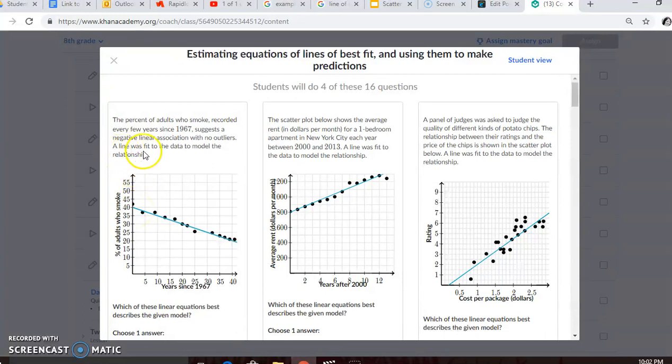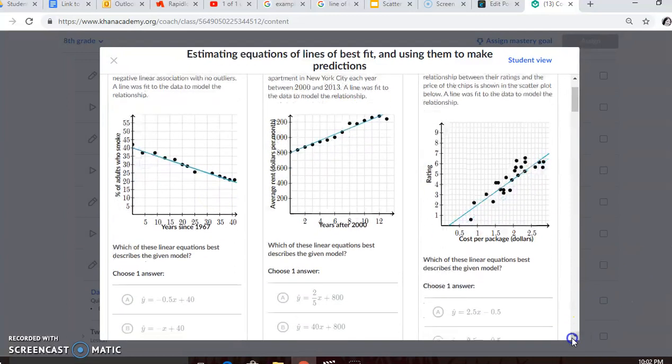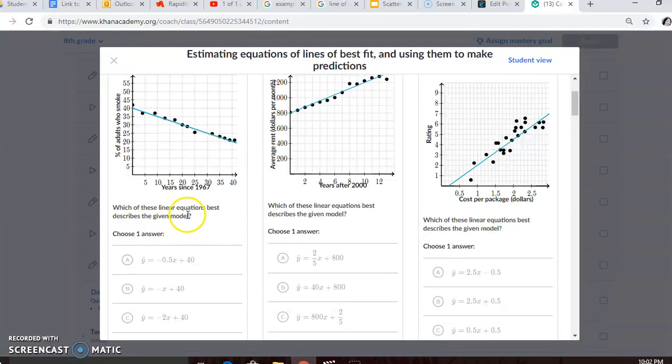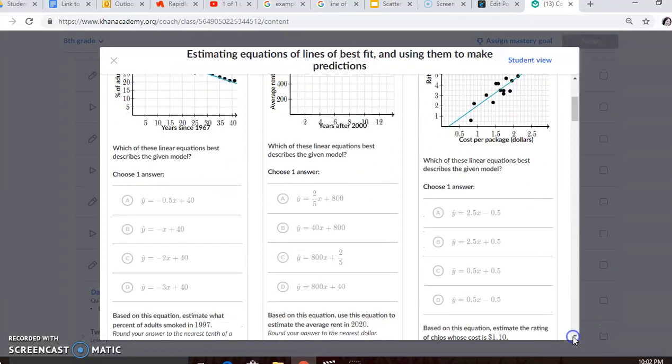It says a line was fit to the data to model the relationship. When they say a line was fit to the data, that's the same thing as the line of best fit. So, first question: which of these linear equations best describes the given model? All of my answer choices are in the form of y equals mx plus b.